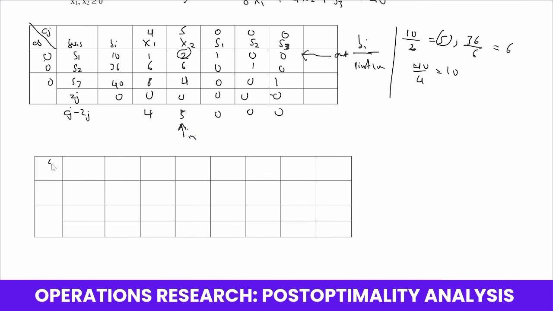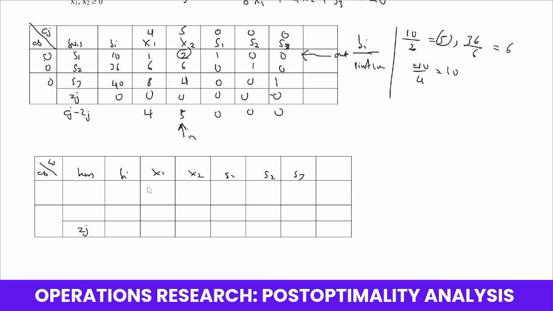Alright, so CJ, CB, we have our basis here, BI, X1, X2, S1, S2, S3. Then we have CJ here. Alright, so how do you get our values for the second tableau?